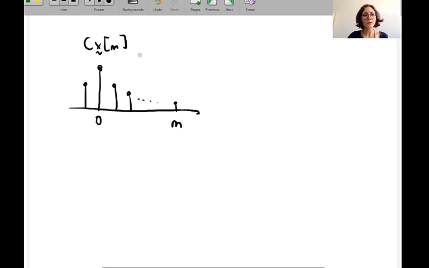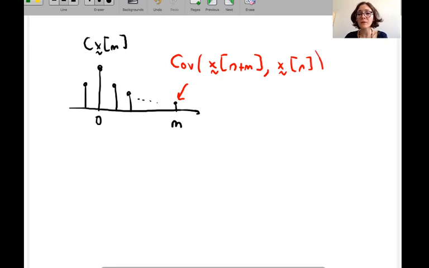But what does this decreasing to 0 actually mean? The value at some large m is nothing but the covariance of these two random variables, x of n plus m and x of n. Well, this is the definition of the autocovariance function, right?